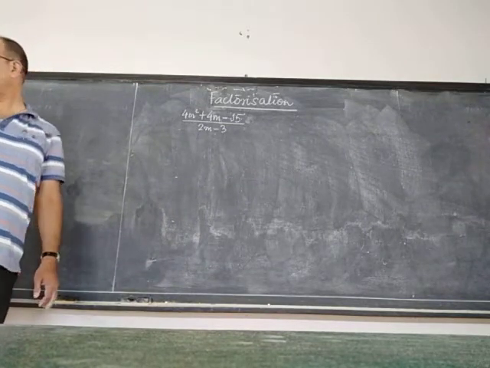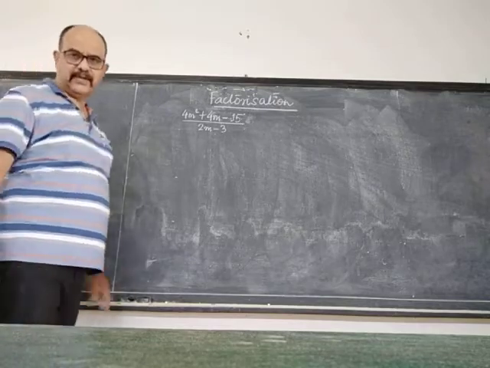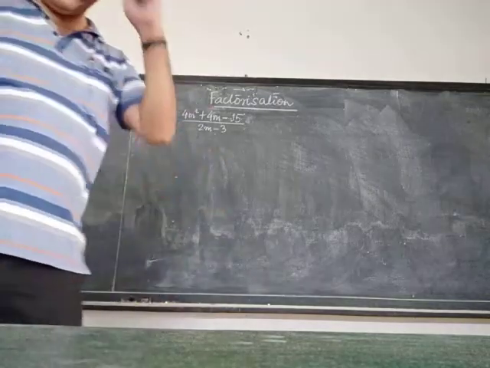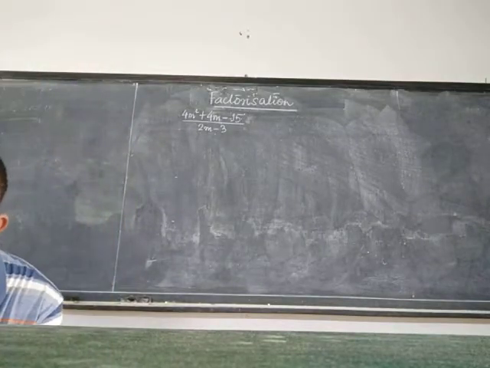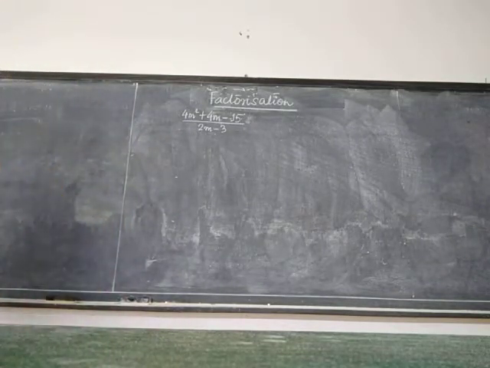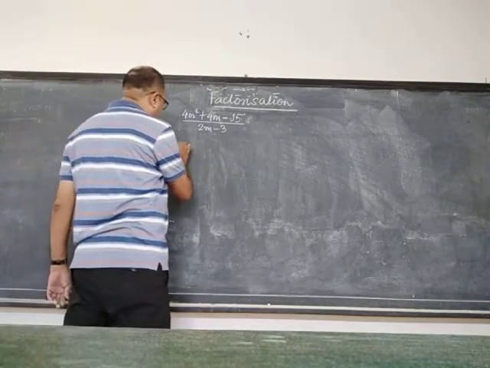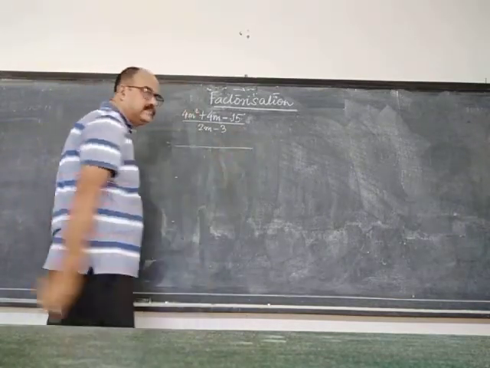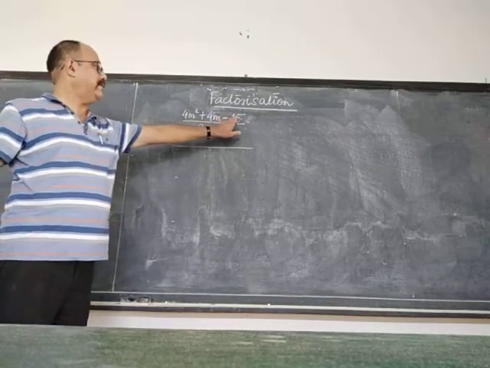So only one option is left for us, and that option is the midterm factorization. Now to do the midterm factorization, what we have to do? In midterm factorization again, the procedure says we have to multiply the first term and the last term. First term we are having 4 and last term we are having 15.